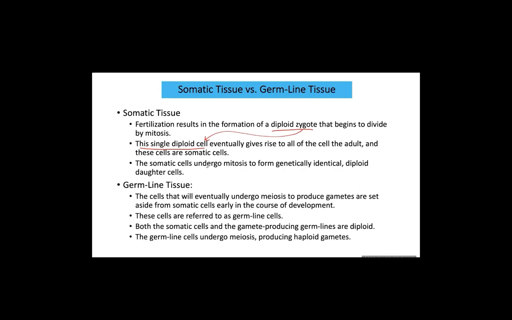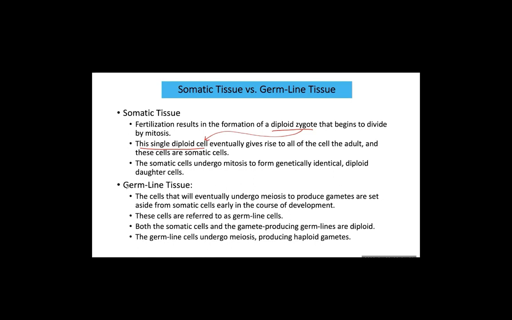The somatic cells keep doing mitosis to form genetically identical diploid daughter cells. I stressed that last time: the significance of mitosis is providing a genetically identical configuration of each cell in your body. Otherwise, a tumor can develop.